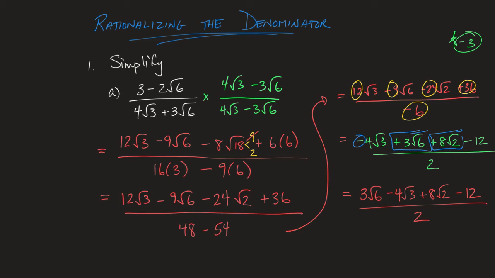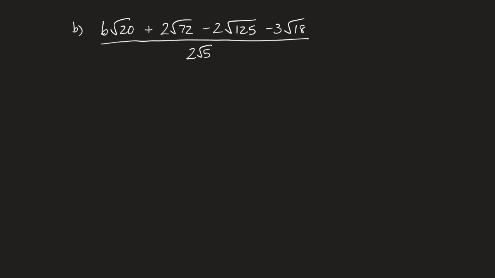Okay, as I mentioned at the top, the focus today is we're good with rationalizing. It's about strategy. So I want you to take a look at B. And I want us to maybe try to examine what we could do on B. I don't want us to actually work our way through yet.